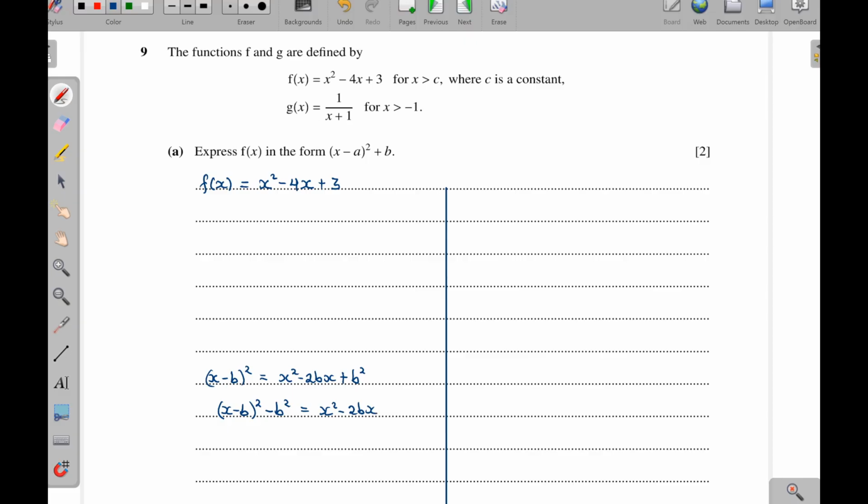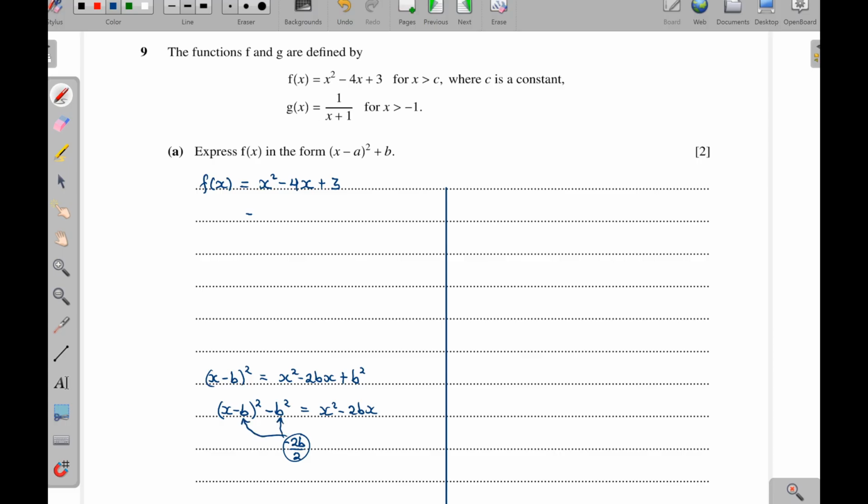Okay, now from here, look at the coefficient of x here. It is minus 2b. Now it was divided by 2, and then it was put inside here and also here.